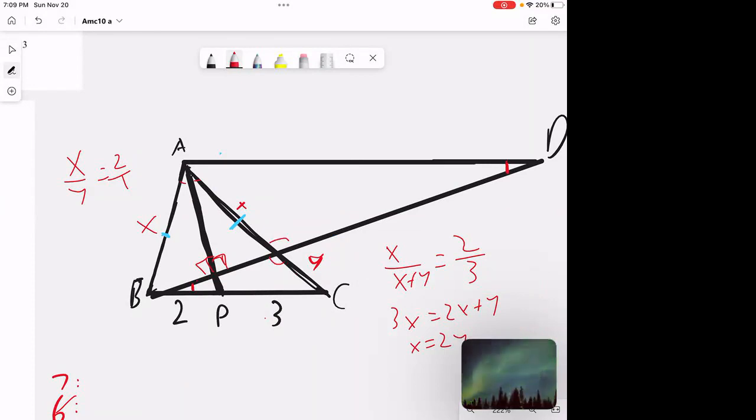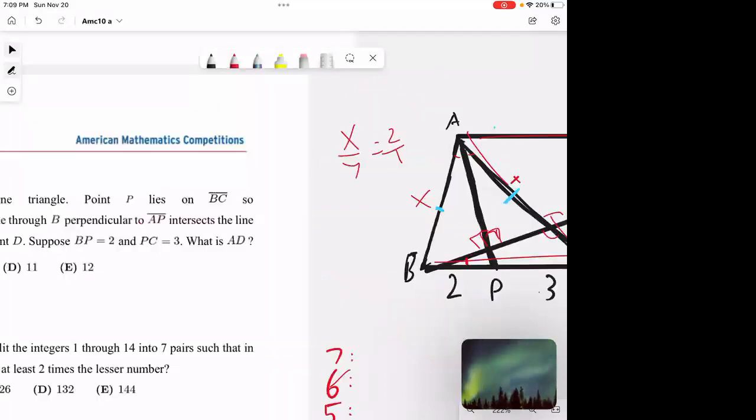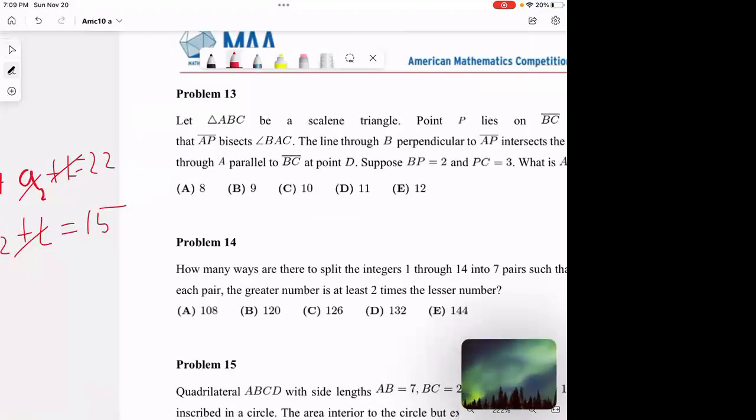So these two triangles are similar. So AD over BC is equal to, conveniently, x over y, which is equal to 2 over 1. So AD over 5 equals 2 over 1. So AD is equal to 10. Hopefully that makes sense.